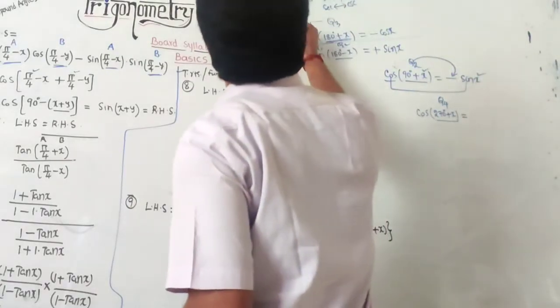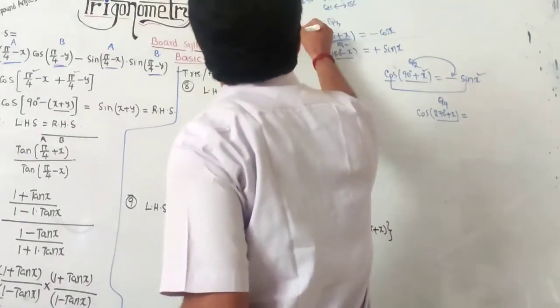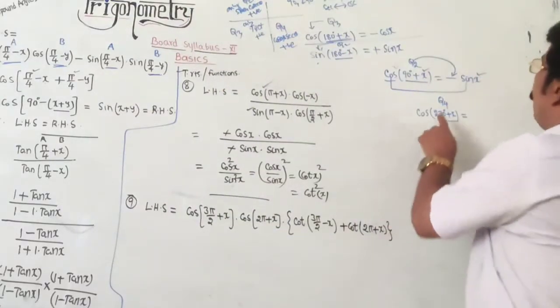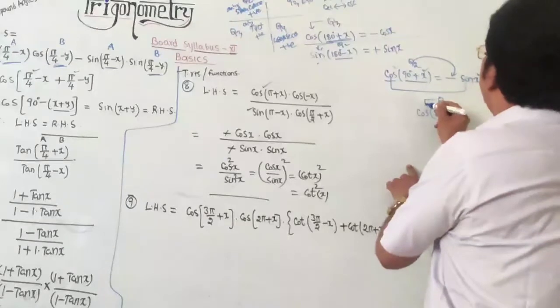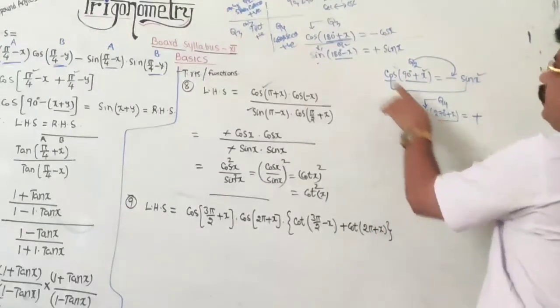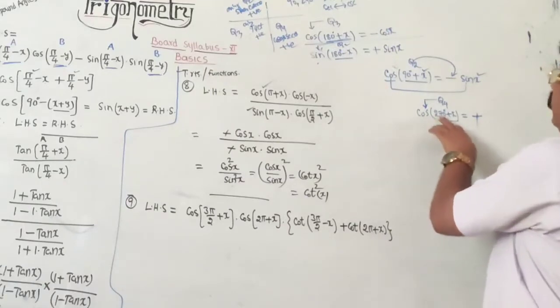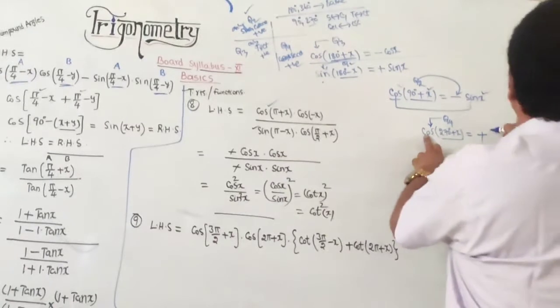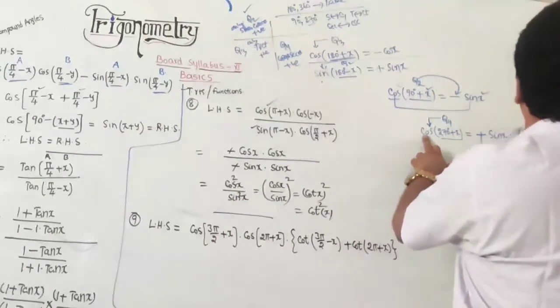So, cos theta and secant theta are the only positive ones. In the fourth quadrant, cos is positive. Next, 270: cos changes to sine x.